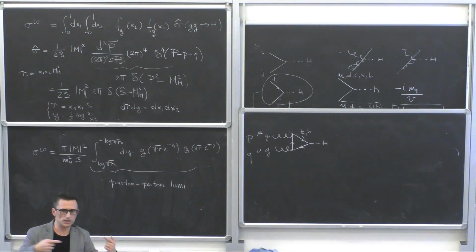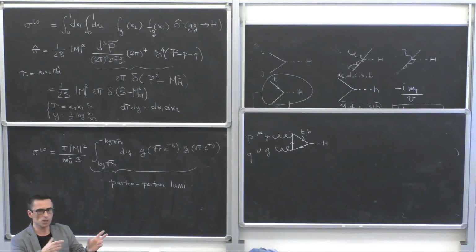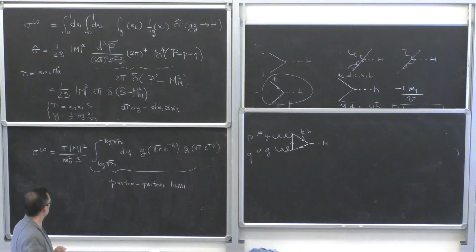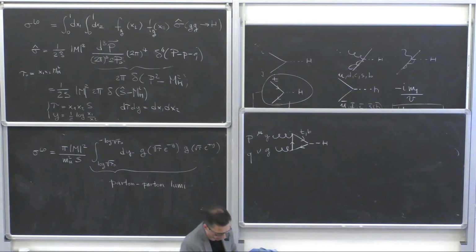You can integrate over the fraction of relative momentum that you form to get a given energy. You can integrate on x1 and x2 with a constraint that they give a fixed energy. And then you are only left with the integration of the rapidity of center of mass. Okay. So this is the Parton luminosity, or vice versa, right? So you integrate on the rapidity and you get something which depends on tau.